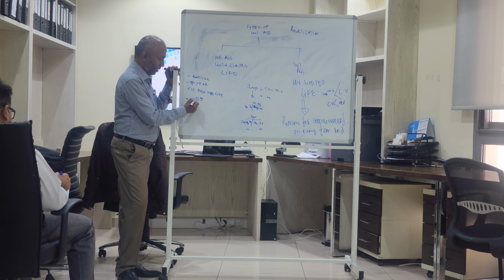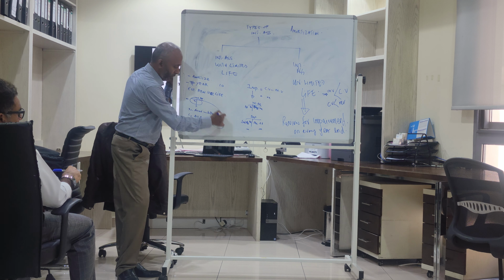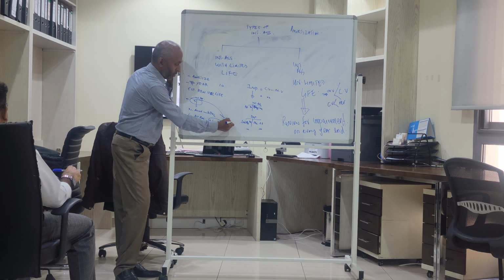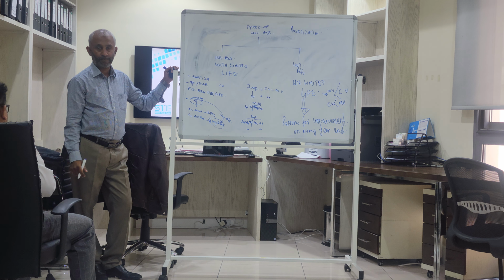Amortization goes to P&L, and accumulated amortization is carried as a balance. Then these are reported in the balance sheet. Clear?